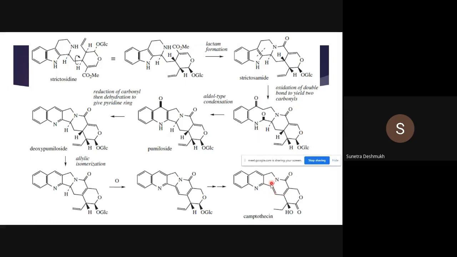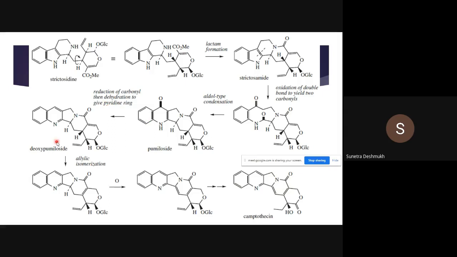Here is our basic 5-membered moiety, and we are going to synthesize these two new 6-membered rings. And how to synthesize this? This is strictosamide, our precursor we can say, and then eventual transformations like lactam formation, oxidation of a double bond, aldol-type condensation, reduction of carbonyl, and dehydration.